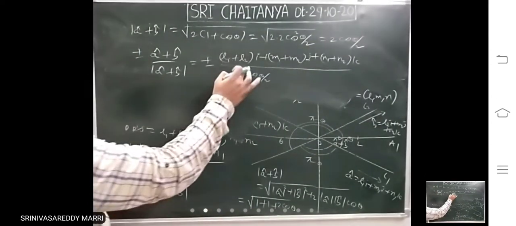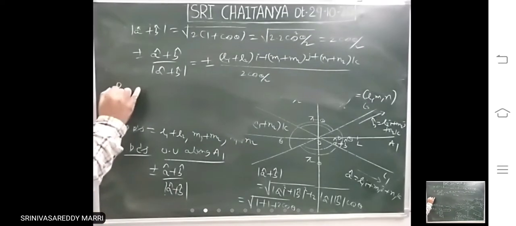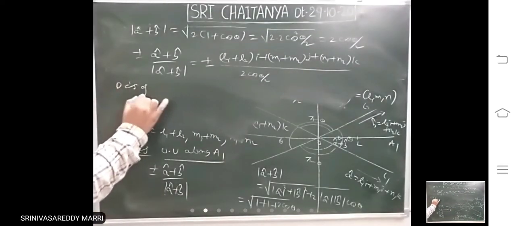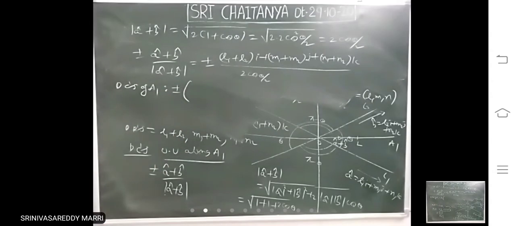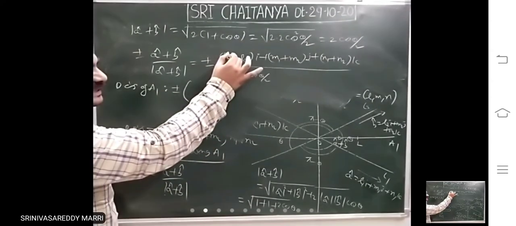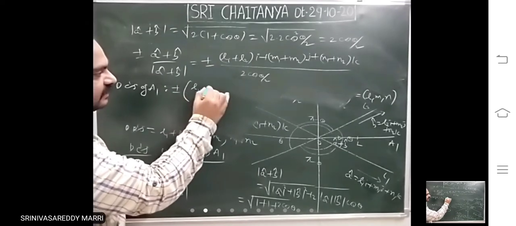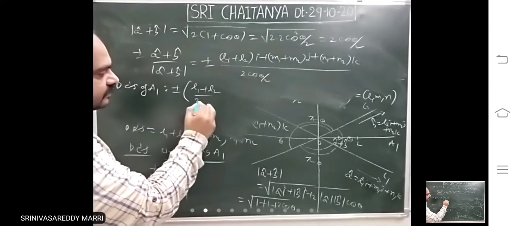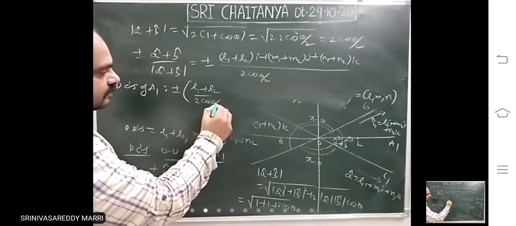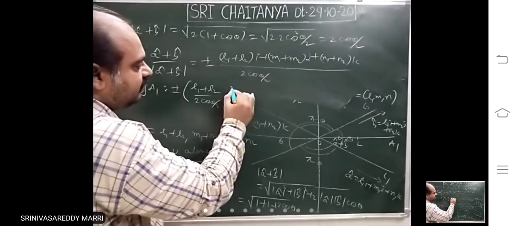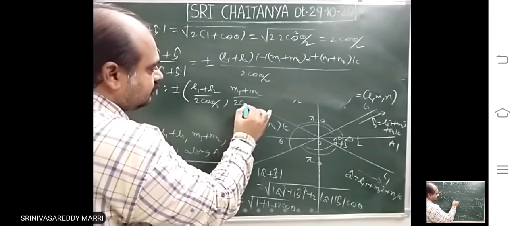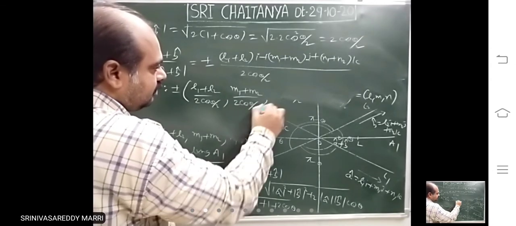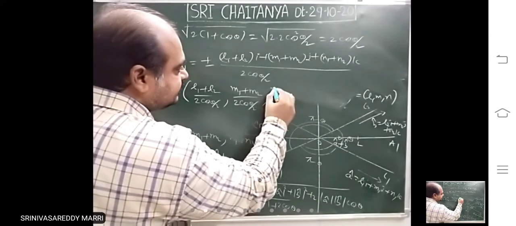Therefore, what is the i coefficient? This divided by this. So the DCs of A1 are plus or minus the i coefficient (L1 plus L2) divided by that, then the j coefficient, comma the k coefficient.